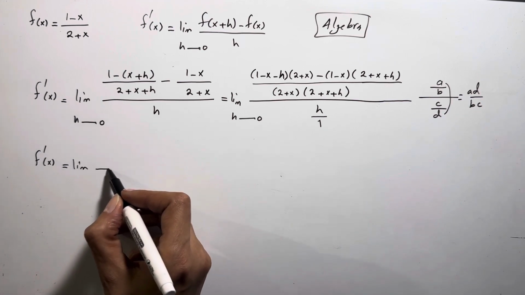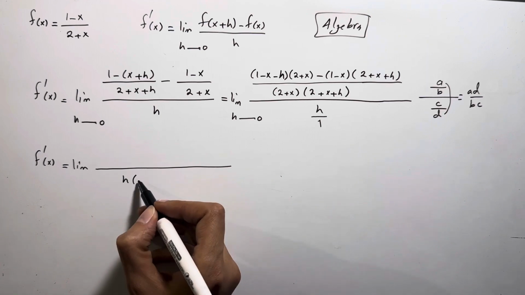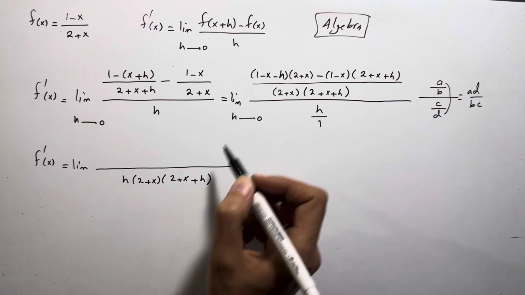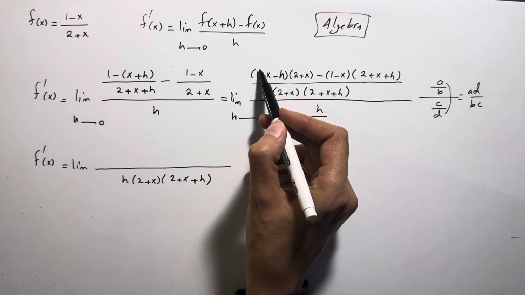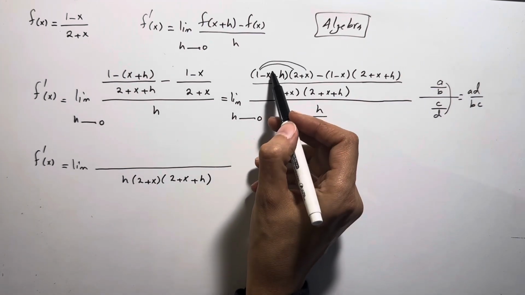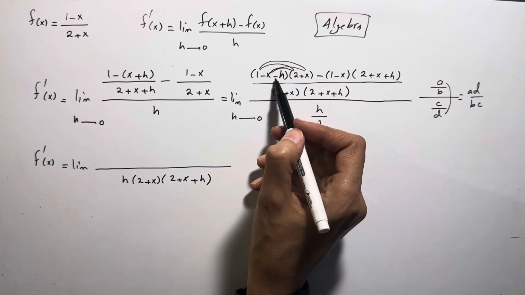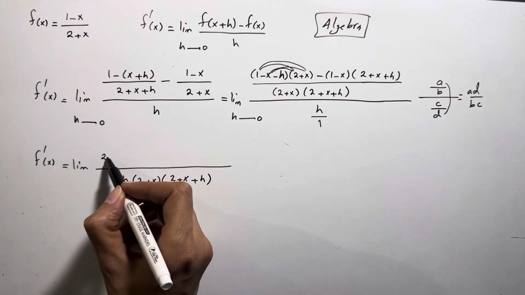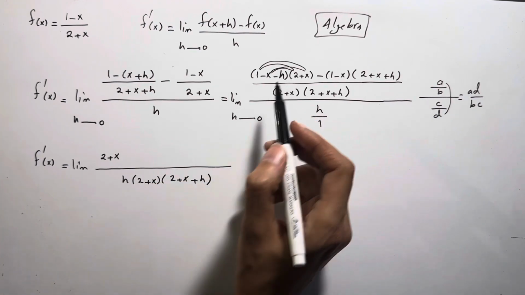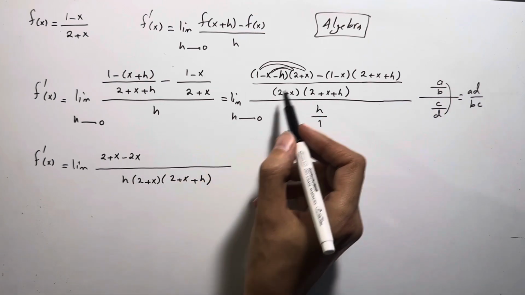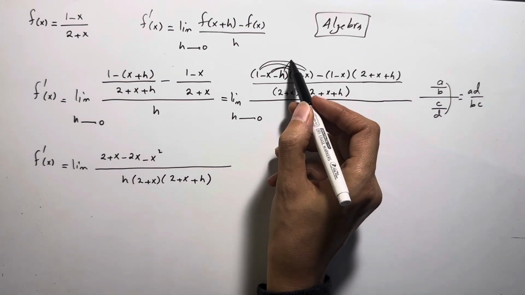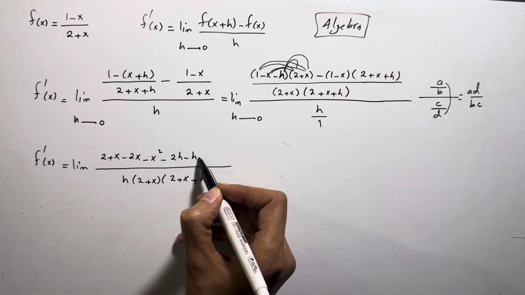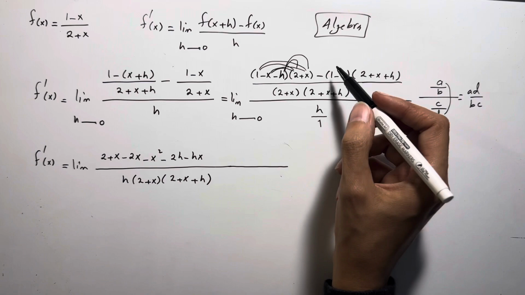So you have the limit of h times 2 plus x, 2 plus x plus h, and here you can distribute these: 1 times these two numbers, negative x times these two terms, and negative h multiplied by these terms. So you have 2 plus x minus 2x minus x squared, then multiply these two by h: minus 2h minus hx, and continue the process.